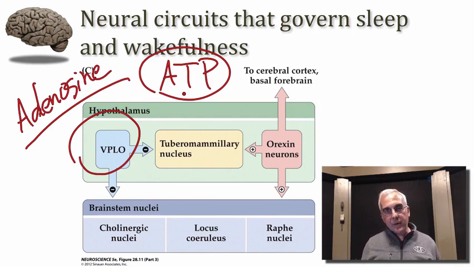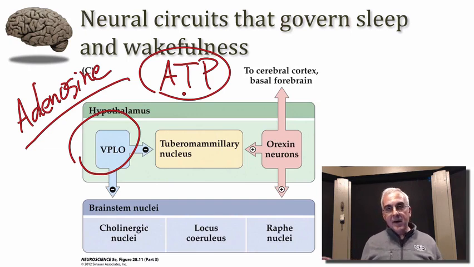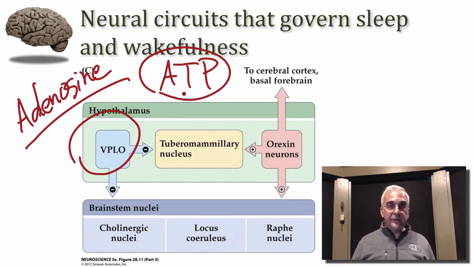Well, as it turns out, we think, as our brain cells are active during the day and energy is being consumed at a higher rate, then ATP is being broken down into adenosine diphosphate and eventually adenosine monophosphate, and then finally free adenosine is available and is released from cells and begins to accumulate in the extracellular spaces.